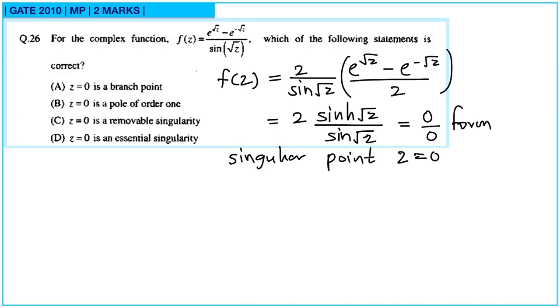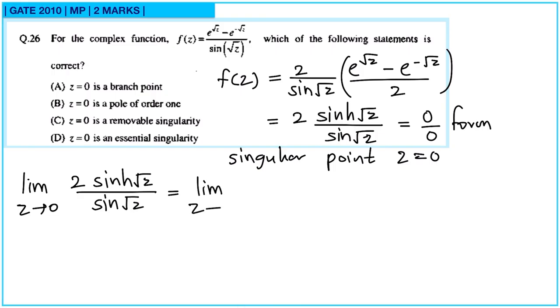For that, take the limit z tending to 0 of this function, sine h root z upon sine root z. But it is giving us 0 by 0, so we will use L'Hospital's rule. So we have 2 into cos hyperbolic root of z, and then again it will become cos of root z.